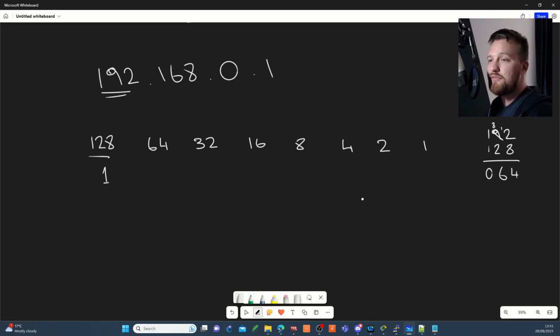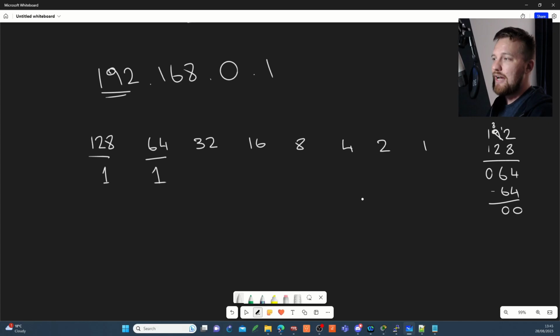So now we know that we've got 64. The next question, can I subtract 64 from 64 without going into negatives? If I can get 0, that's absolutely fine. So again, my answer here is yes, and subtracting the 64 gives me 0.